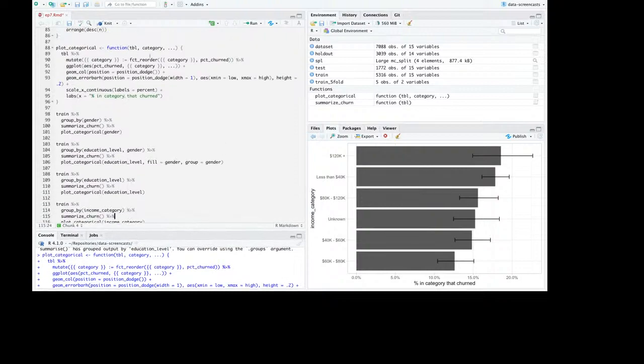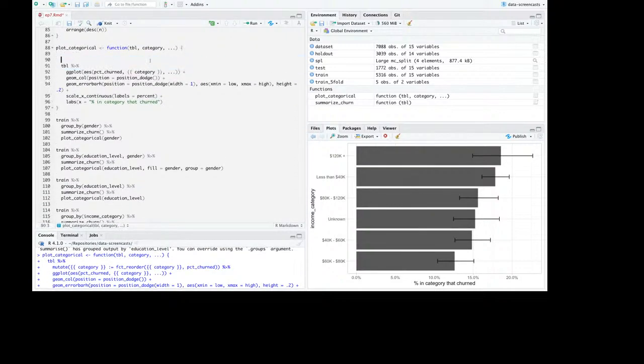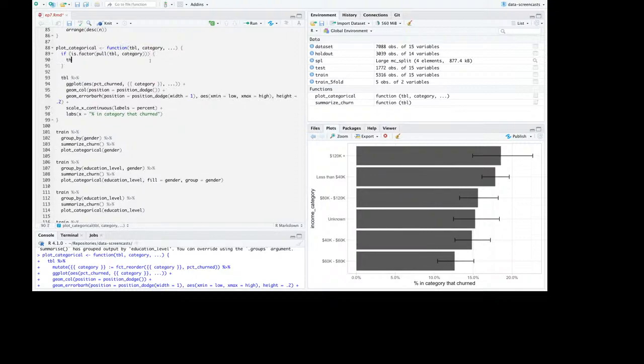If it's a factor, then we say, if not a factor, then tibble.